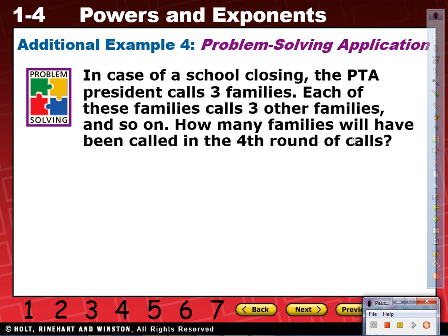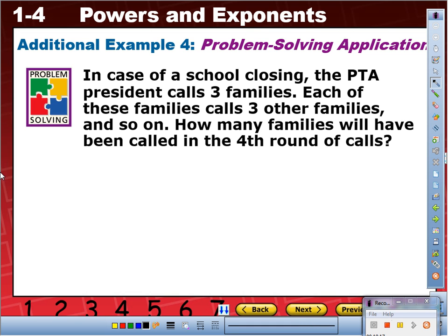All right, pens down, eyes up here. So when you get to these word problems, check this out. First thing you've got to identify is the increments. By how many is it incrementing? So in the case of a school closing, the PTA president calls 3 families. Each of those families calls 3 other families. So what are the increments? 3.